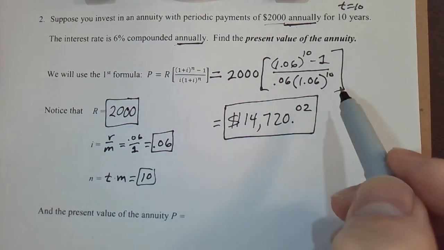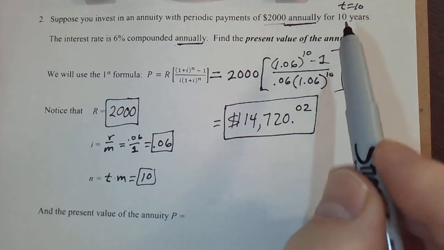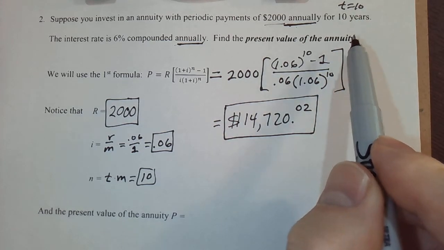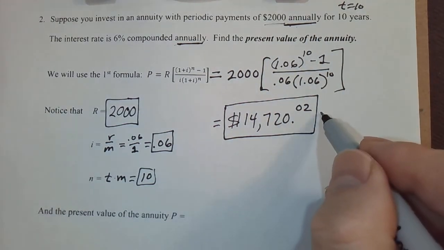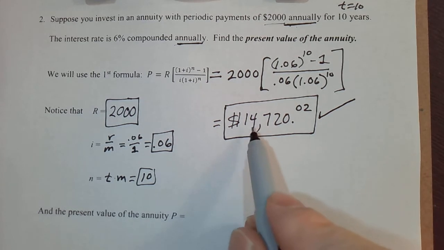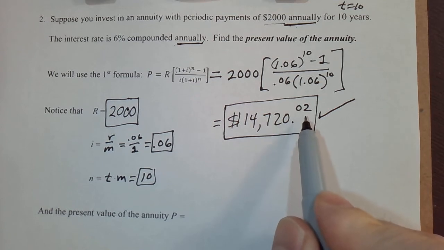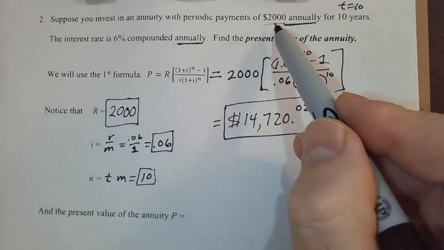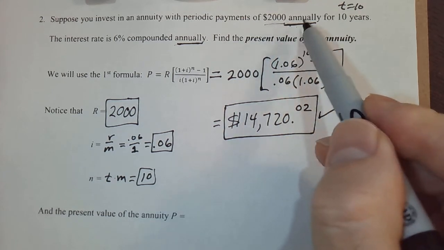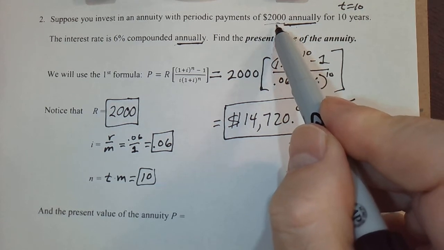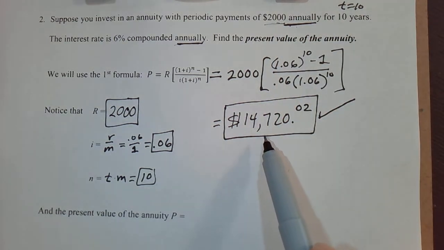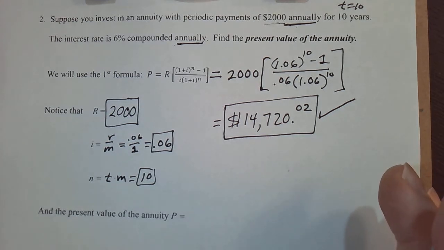I don't remember exactly what it was, but the point is you could have that exact same amount if instead of putting $2,000 per year, you simply make one single payment at year number 1 of $14,720.02. So you're putting this all in at once, where the other person is putting in $2,000 a year for 10 years. This person's putting in $20,000 in his own principal, but this is one lump sum payment at the very beginning, and you'd end up having exactly the same amount.